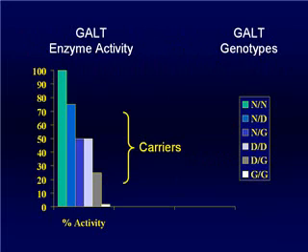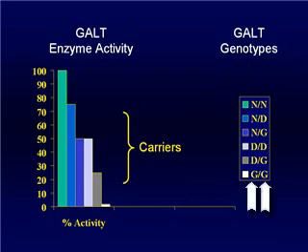This illustrates different GALT enzyme activities, noted by the bars, and the possible genetic conditions, called genotypes, associated with these different levels. 100% activity occurs in what is termed the NN genotype, which stands for 2 normal GALT genes. Every person has 2 GALT genes, one inherited from each parent. The designation NN means that both of these genes are normal.